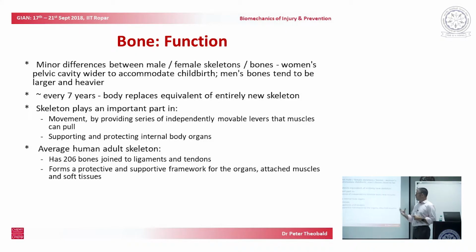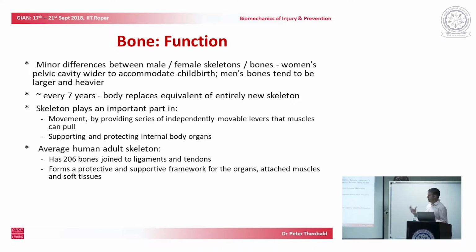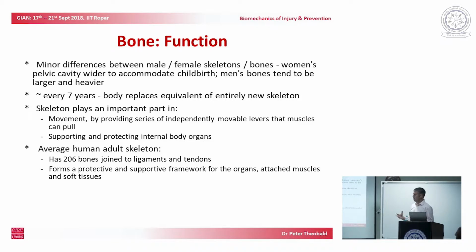So we talk about the ability of bone to continue to replace itself, to remodel. About every 7 years, the skeleton is effectively a new skeleton. It's entirely replaced itself. The benefit of that is that it continues to adjust to your weight. And so clearly the bones of a baby are very different in terms of size and geometry to the bones of an adult.